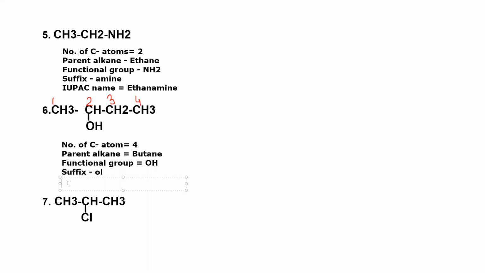Okay. So what will be the IUPAC name? The number of carbon atoms is 4, that is, butane is the parent alkane. So the last E should be replaced by OL. But we have to mention the number also. On the second carbon, the functional group is present.